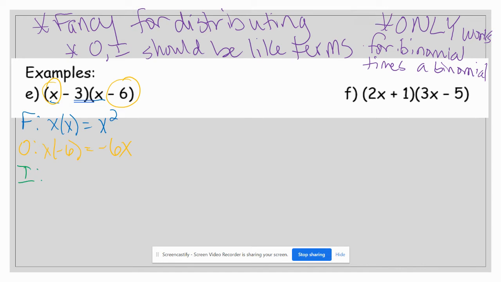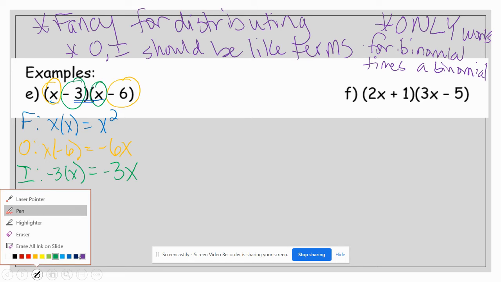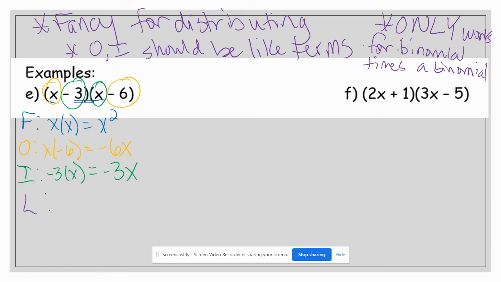The inside terms are going to be -3 times x, and that's -3x. And then our last terms are a -3 and a -6, which is +18. So when I put these together, here's my middle two terms.